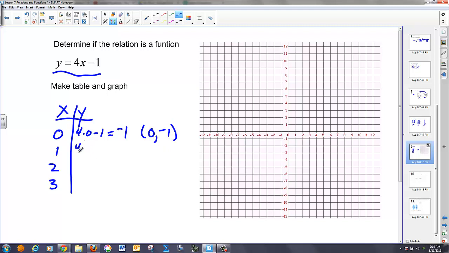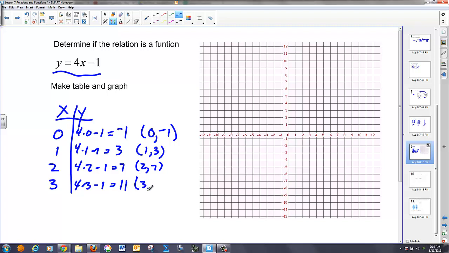When I plug a 1 in, I get 4 times 1 minus 1, which is 3, giving me the point 1, 3. 4 times 2 minus 1 is 7, so 2, 7. 4 times 3 minus 1 is 11, so 3, 11.